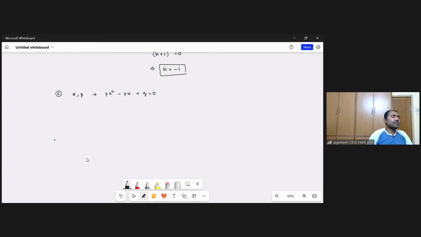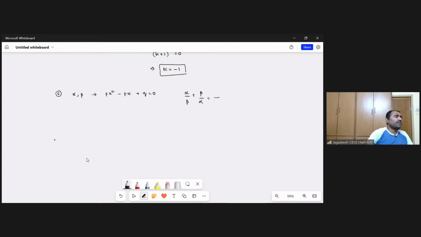Then find out alpha by beta plus beta by alpha value. So if alpha beta are the roots of px square minus px plus q equal to 0, then we need to find out alpha by beta plus beta by alpha value.